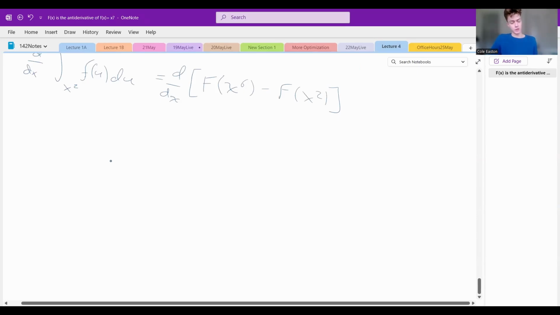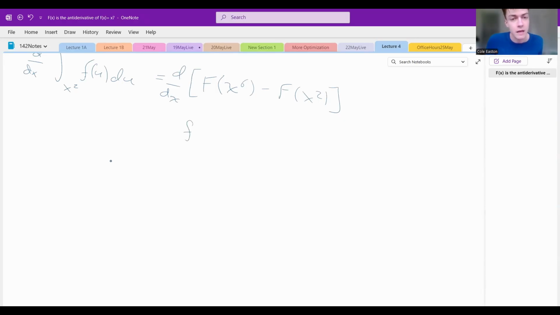Once again, we have chain rule. For this first term, the derivative of big F of x to the 6th is little f of x to the 6th times the derivative of the inside, which is 6x to the 5th, minus little f of x squared, the outside derivative, times our inside derivative, 2x.